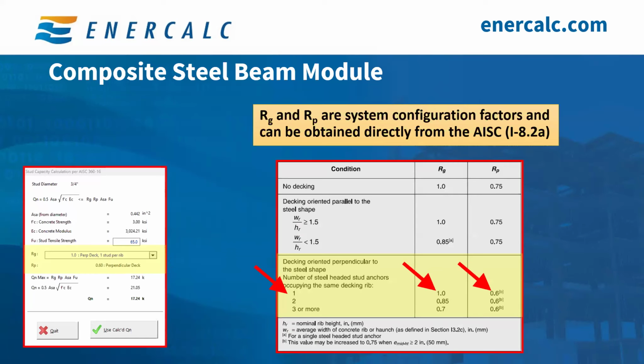The last item we have, but definitely not least, here on the General tab is to determine the desired composite action percentage that we want to achieve. So we can pick either full composite, or you can pick calculate minimum studs. So you let ENERCALC go through the numbers and pick the least amount of studs you need to make this work.